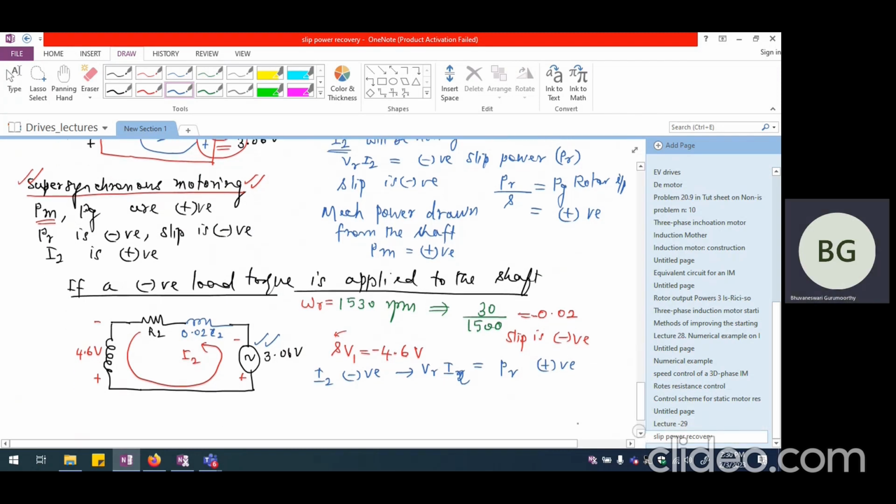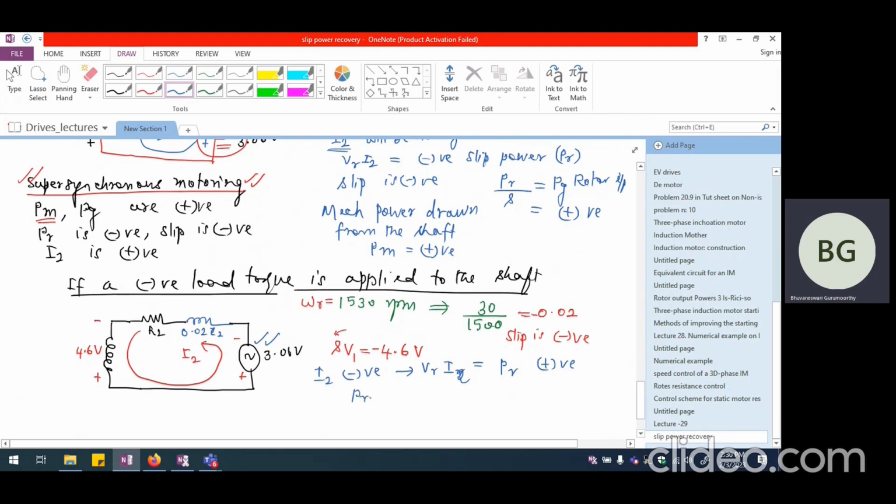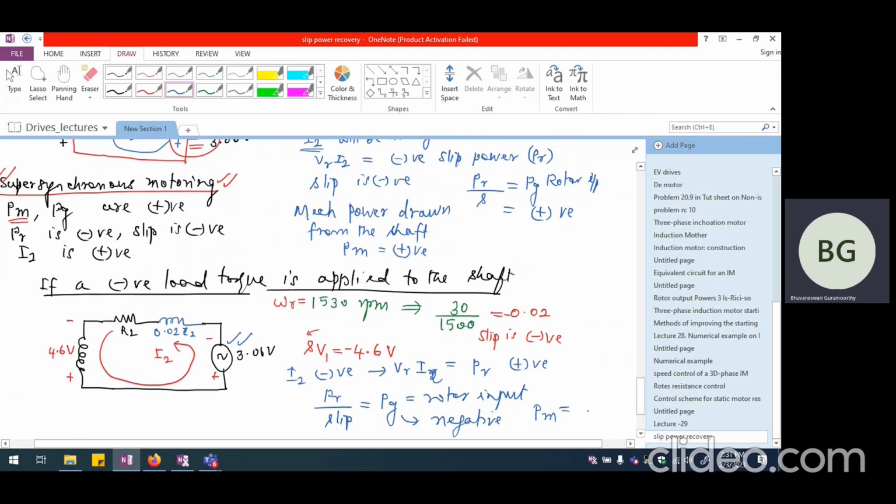Now PR is positive, and PR divided by slip, where slip is negative, is going to be PG or rotor input. PR is positive but slip is negative, because of which PG will be negative. Whereas if I try to look at PM, we already said mechanical power is given by the prime mover, so PM will also be negative.